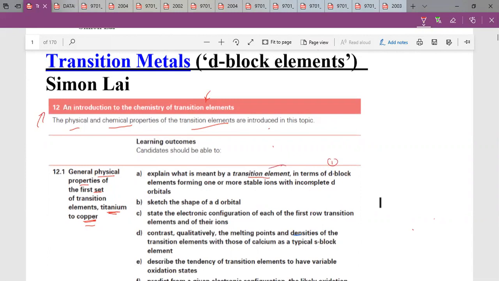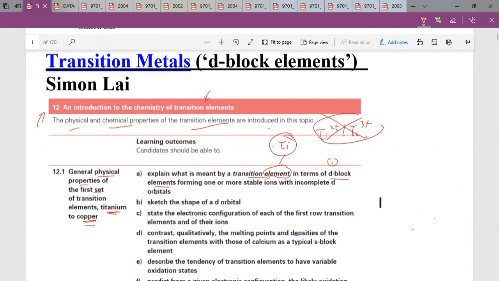Remember, it's an element, they don't define it as an ion. For example, titanium, Ti, not Ti2+ or Ti3+. It must be the element, in terms of D block elements.